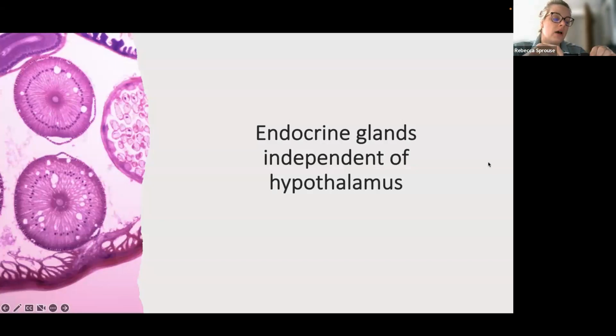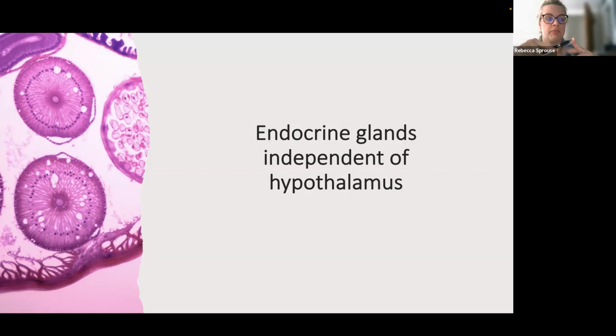All right, so those are two areas we talked about, the anterior and the posterior pituitary and how they're controlled. The anterior pituitary is controlled by the hypothalamus release of hormones to stimulate the anterior pituitary to release its own hormones. The posterior pituitary can technically be controlled by the hypothalamus, but not hypothalamic hormones, rather hypothalamic nerve impulses.